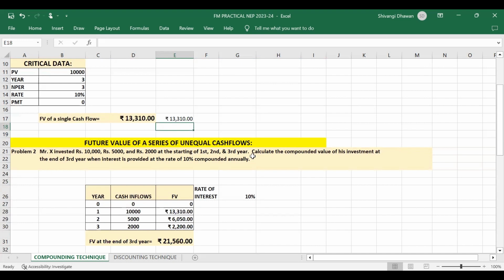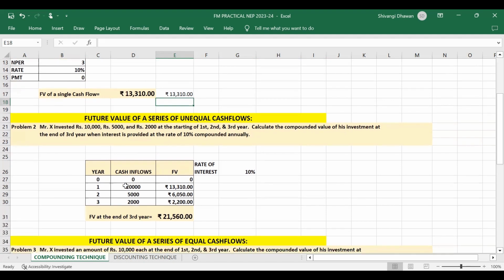Calculate the compounded value of his investment at the end of third year when interest is provided at the rate of 10% compounded annually. So here, let's write down critical data first in proper table format so that it eases out our calculation.